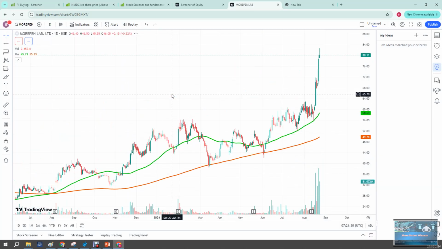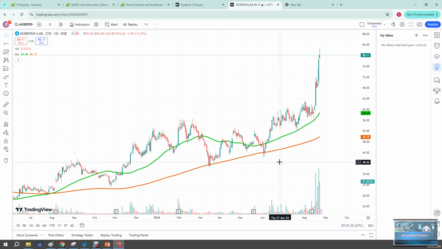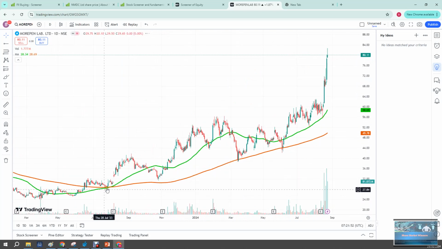Some of the stocks may not be fundamentally right because of the lesser price or being micro-cap companies. Then I will do a detailed analysis of that particular stock and the sector it is in. You can see Mopen Labs, which I've been mentioning. It took a crossover sometime around 28 rupees or so.